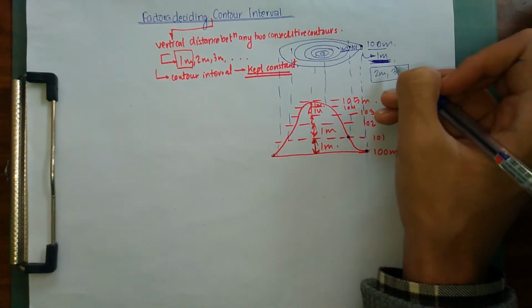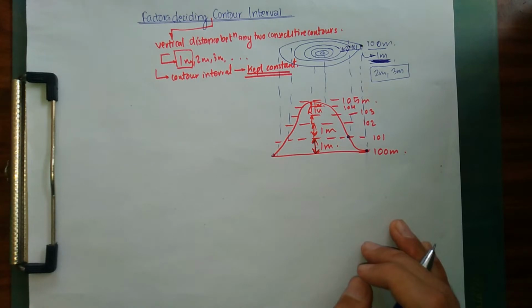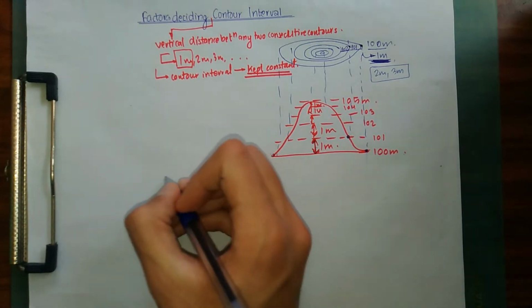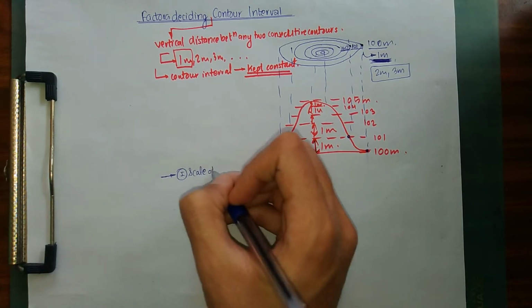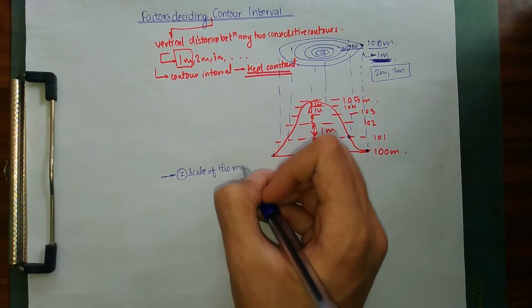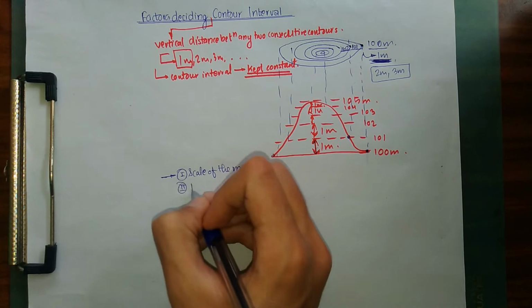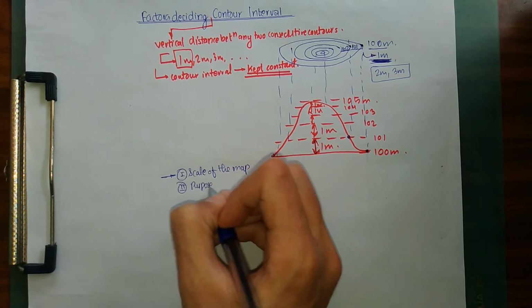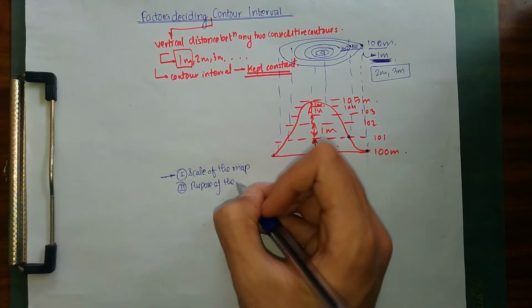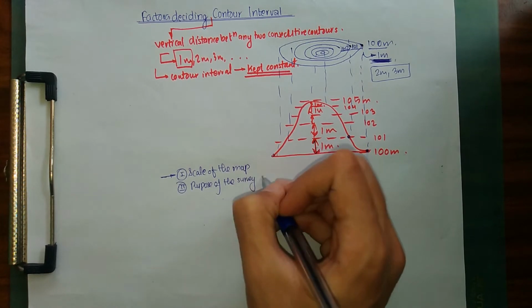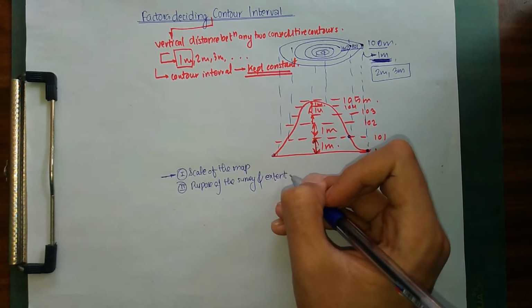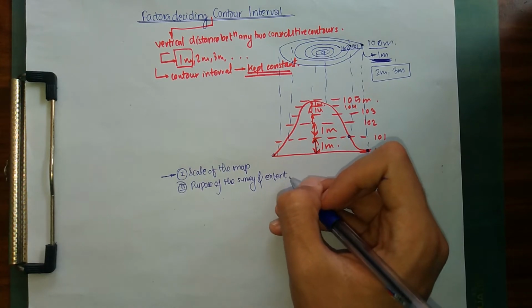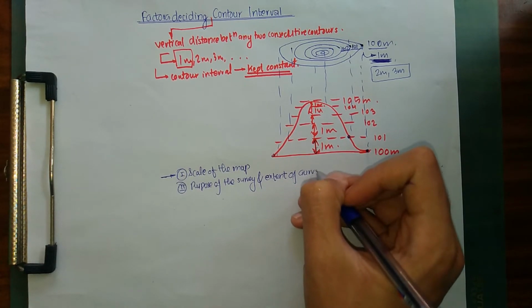There are certain factors which decide the contour interval which I am going to choose, and there are basically 4 factors. First one is the scale of the map. Next one is the purpose of the survey and extent of survey.